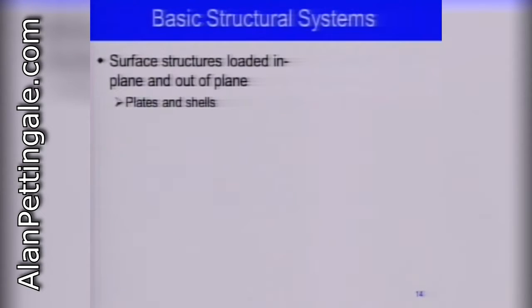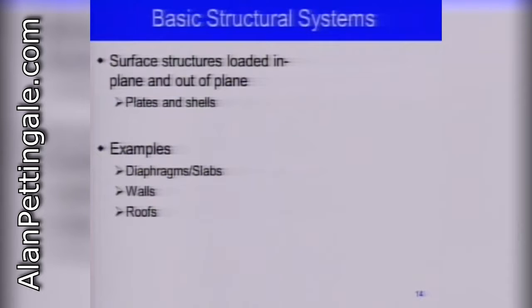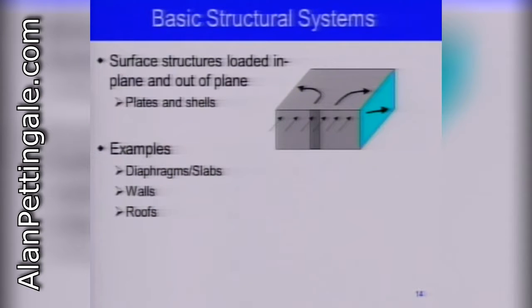Now, other structural systems that are important to identify are what we call plates and cells. Examples for that can be the diaphragms. The place where I'm standing here can be considered a plate. So it's a big two-dimensional area that takes load perpendicular to it. And here we have a schematic that shows how this works.